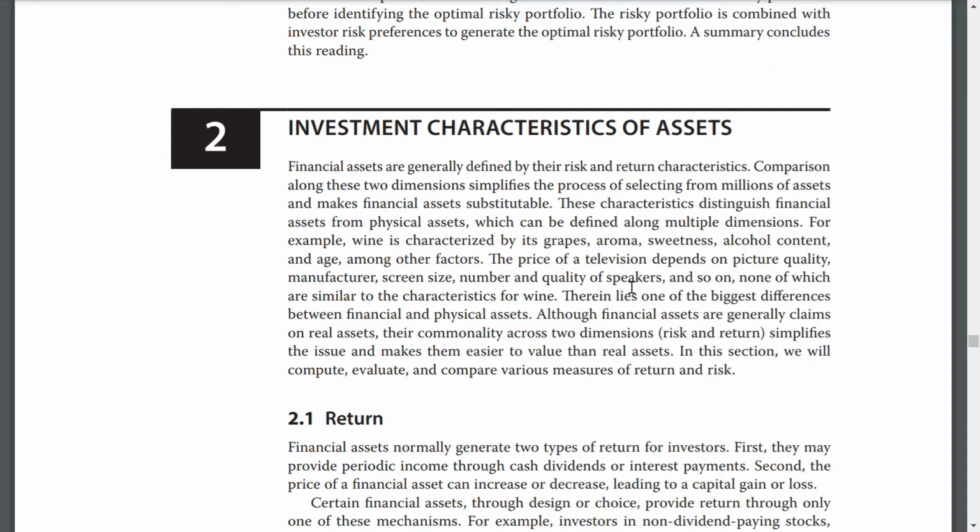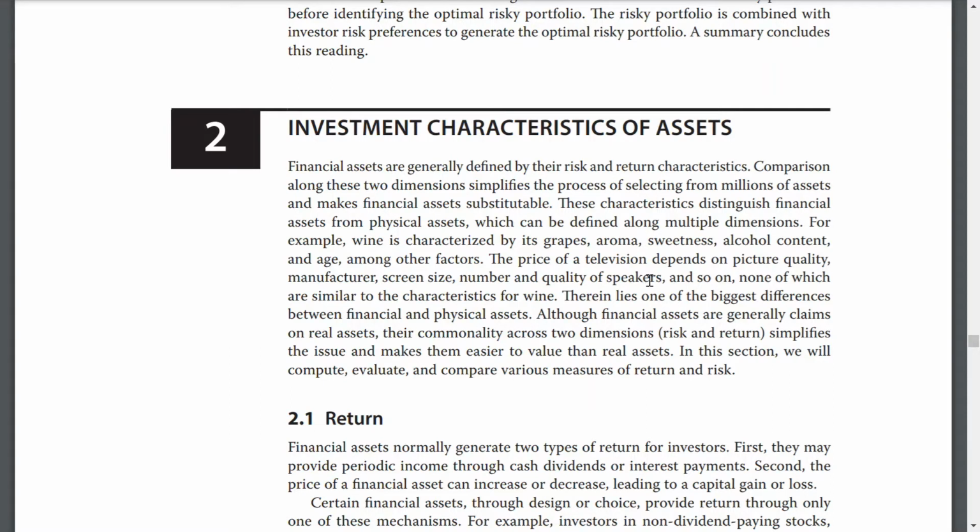For example, wine is characterized by its grapes, aroma, sweetness, alcohol content, and age, among other factors. The price of a television depends on the picture quality, manufacturer, screen size, number and quality of speakers, and so on. Note none of which are similar to the characteristics of wine. Therein lies the biggest difference between financial and physical assets.